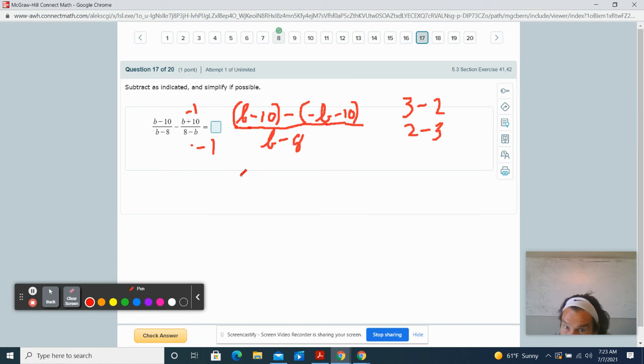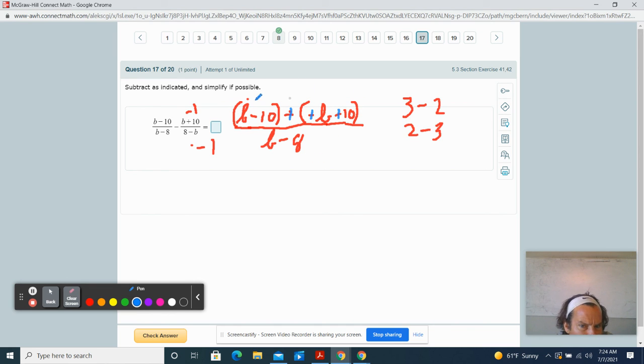Now we have to combine like terms. So we have a b, and we have a minus, and we have a minus again. So b minus a minus b is like b plus b. If you want to, when you see a minus here, you can go plus, and then change both of these signs to a plus.